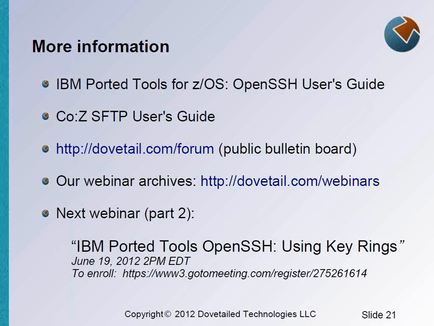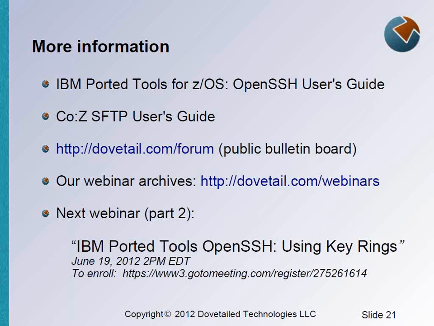I will mention up front that we're going to show just the RACF command language to create and manage key rings. If you have another security product, you would have to use the documentation to translate those RACF commands into commands in your security product. But our users that have those security products have found that to be fairly straightforward. There are, I think, some examples on our forum of how to do that for ACF2 and Top Secret out there.